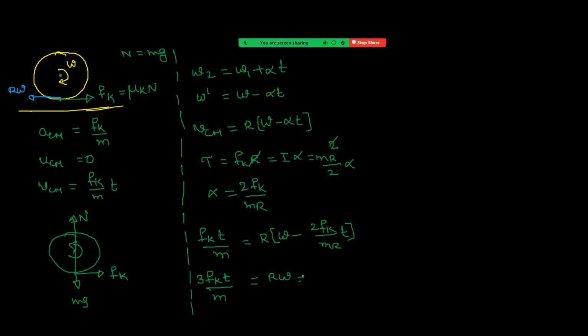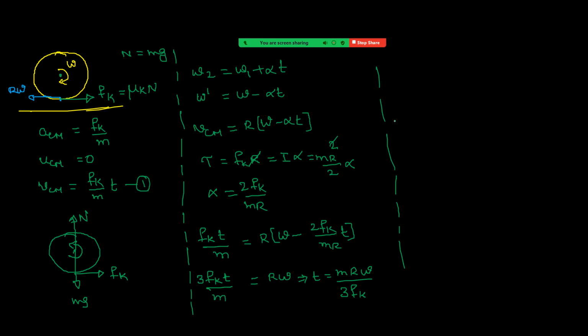So from this, see what is the time? It is m r omega upon 3Fk, right? Now substitute this in this one. VCM equal to, take this time in this one. Then see what happens. Mass gets cancelled, Fk gets cancelled, right?